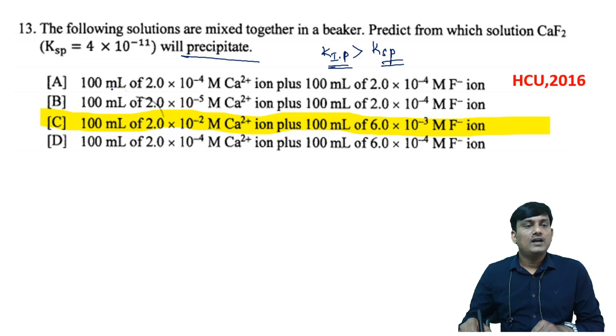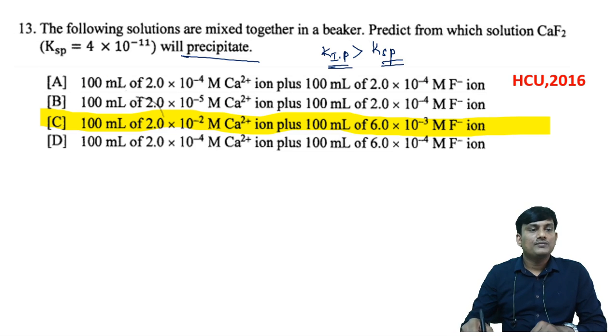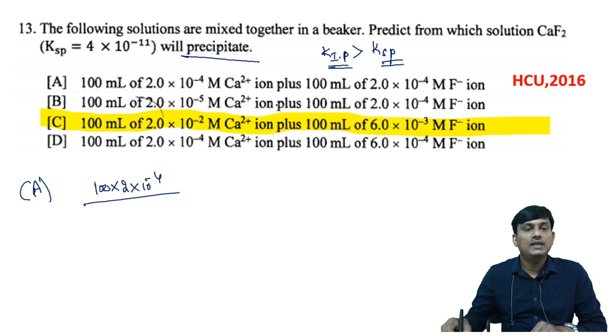In case of A, 100 ml of 2.0 × 10^-4 molarity Ca2+ ions plus 100 ml of 2.0 × 10^-4 molarity F- ions. Here the total concentration of Ca2+ will be 100 × 2 × 10^-4 divided by the total volume. You have to divide with the total volume, which is 200.